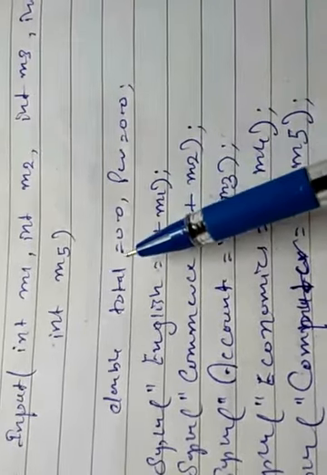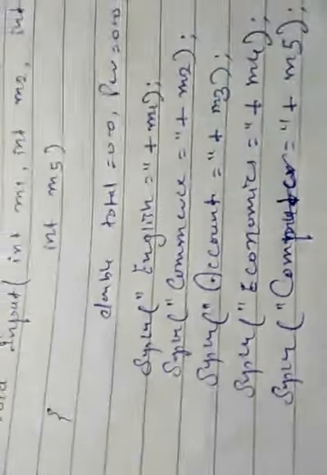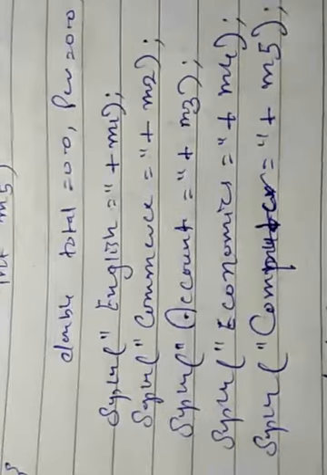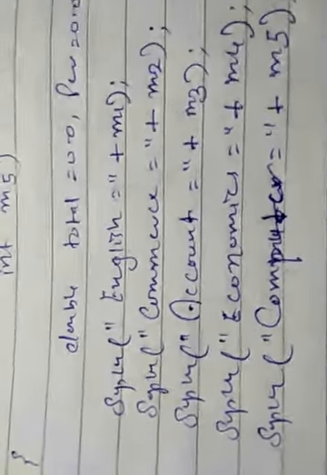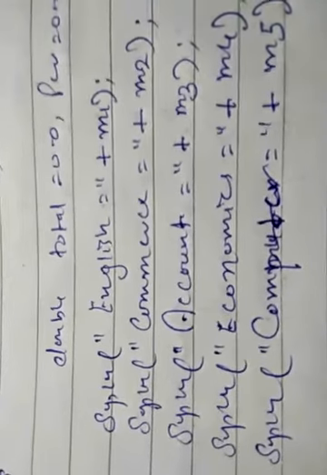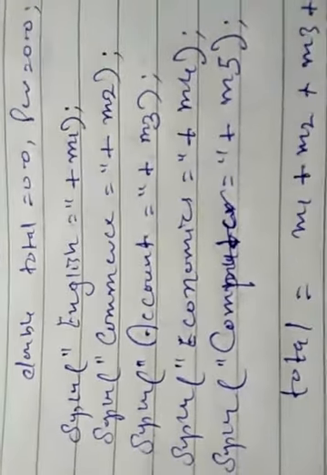And we have to calculate the total and the percentage. So in SOPLN we are first printing all the marks: English m1, commerce m2, account m3, economics m4 and the computer application is m5.